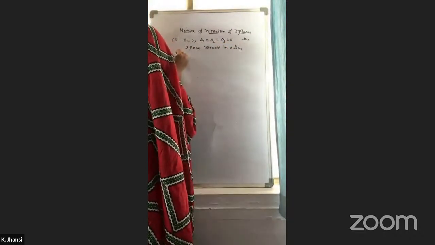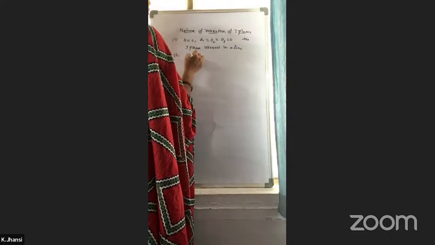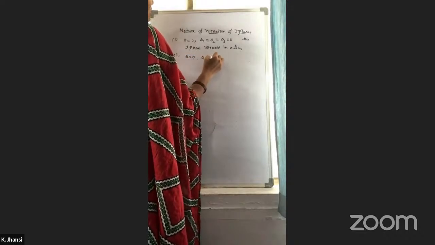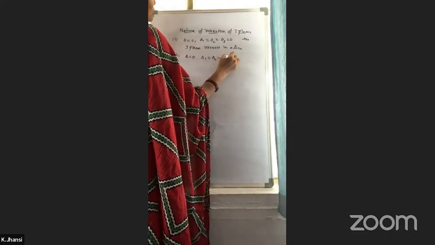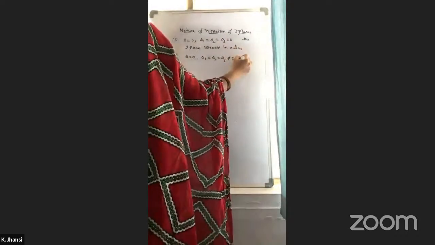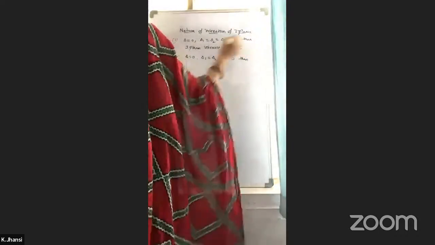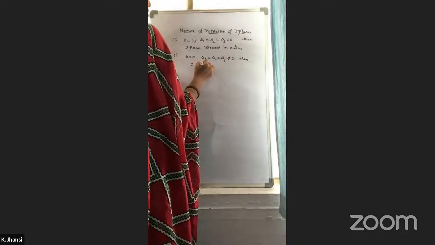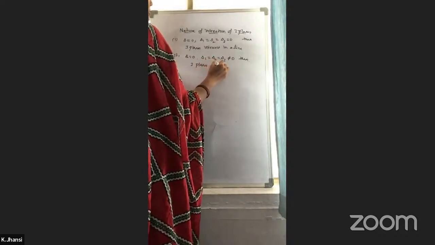This is the first condition. Second one, if lambda equals 0 and lambda 1, lambda 2, lambda 3, these 3 values, whatever you are getting, are not equal to 0, then the 3 planes form a prism.